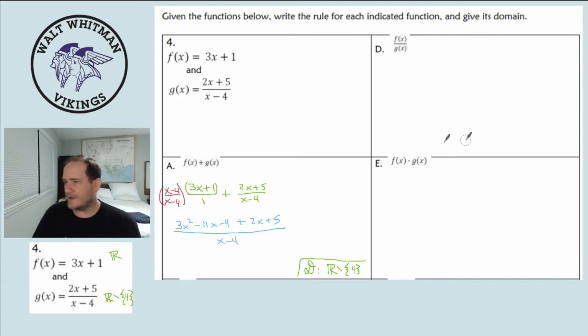So simplify, you've got linear terms. So add them up, you get negative 9. So we got 3x squared minus 9x. Then we've got a constant and a constant. And negative 4 and 5 makes 1, plus 1. And this will be all over x minus 4.